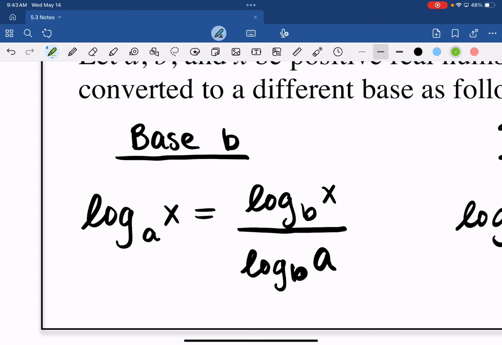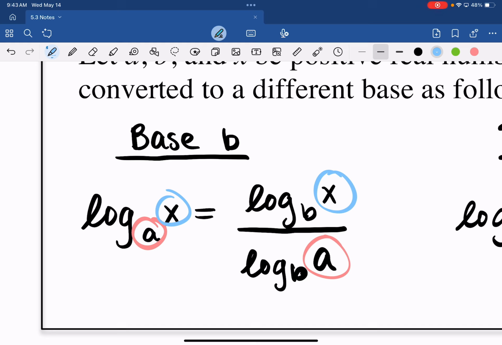So here, my base started as A. Now, when I write my new fraction, my base becomes a B. And where do you notice my A and X go? They're not lost. They don't go away. Where do they end up in my fraction? They both become my big numbers.